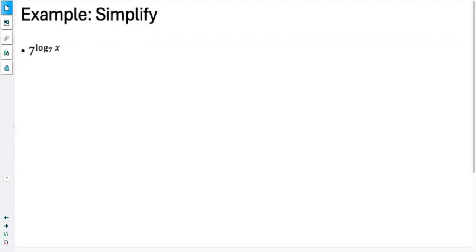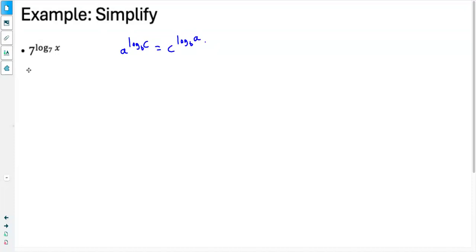That's when we're simplifying 7 to the power of log base 7 of x. We're going to use one of our laws, so we're just going to utilize our a to the power of log base b of c equals c to the power of log base b of a.